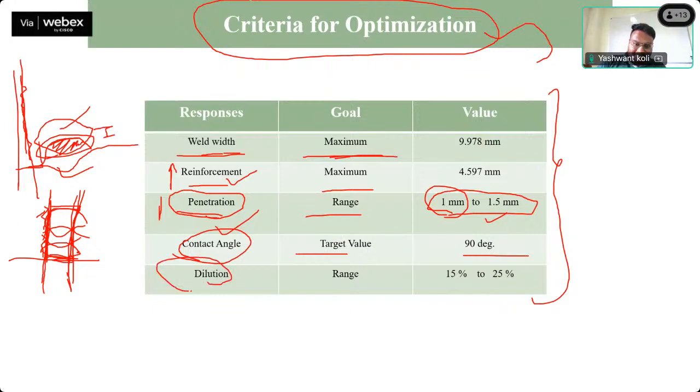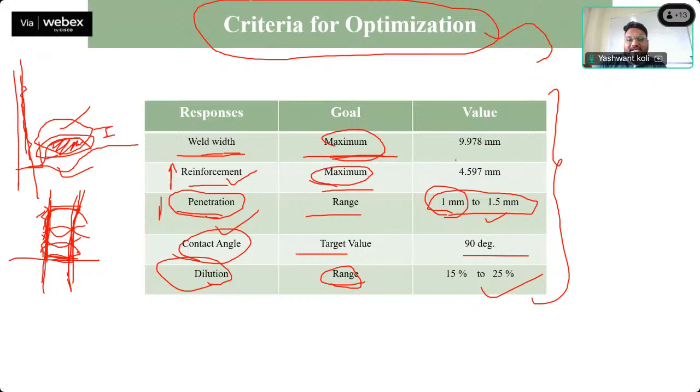Then the dilution, similar to penetration, we are keeping in the range of 15 to 25%. And reinforcement and weld width also we can keep in range, depending on the combination and the exact dimensions of the WAM component we have to achieve. That we can take into consideration.